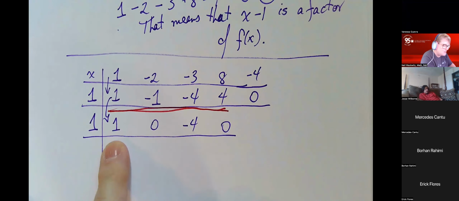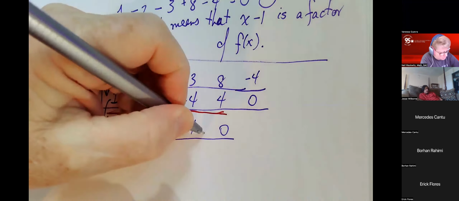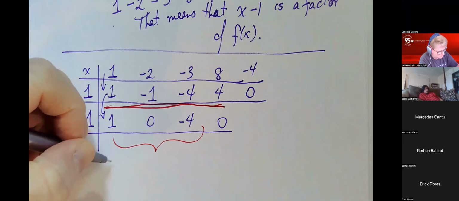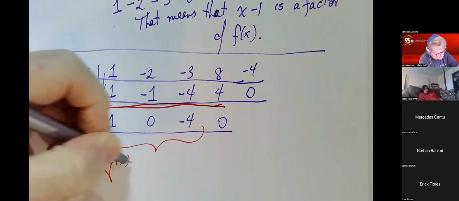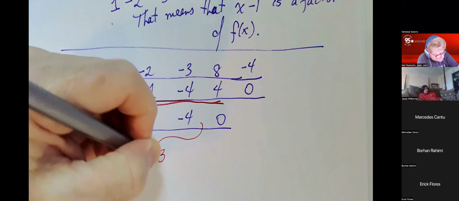At this stage, we have how many terms in the quotient? One, two, three. So we have a quadratic, has three terms.